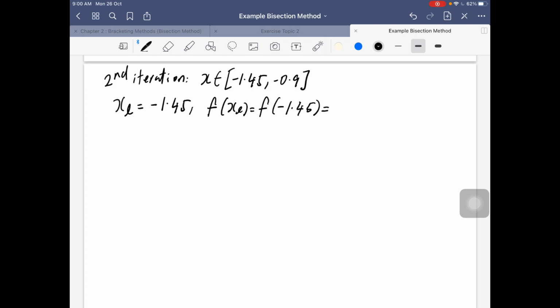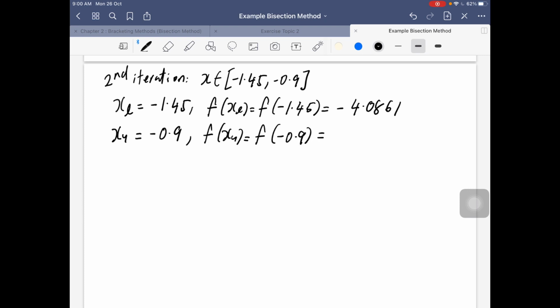We obtain from the previous calculation in the first iteration that it is equal to negative 4.0861. However, our upper value still remains the same, negative 0.9. So FXU equals F when x equals negative 0.9. From the previous calculation it is 1.941.